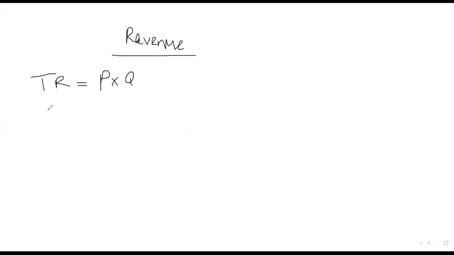When we divide anything by quantity, the term changes. So when you divide our total revenue by quantity, what do we call this? Average total revenue. The T just becomes an A, our average revenue.